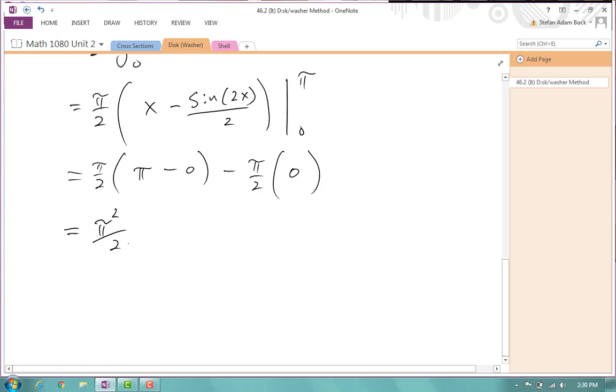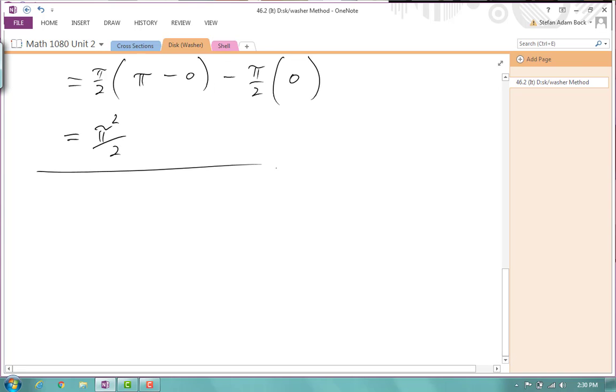And these volumes of revolution generalize. If I have any kind of curve and I want to revolve around the x-axis, then I'm going to get a mirror on the other side.